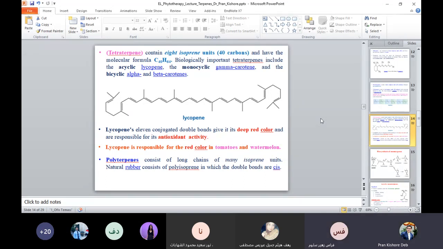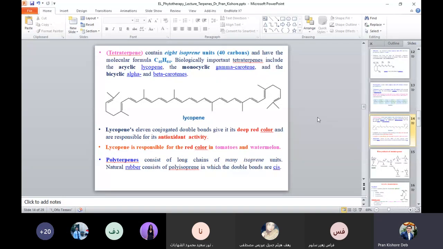Yes, doctor. Because the lycopene does not come from outside the tomato, it is already inside. That means the precursor for the formation of lycopene, the isoprene units, are present inside. It takes time to join and conjugate and convert into lycopene. So when you store it for a longer period, the conjugation takes place and some of it gets converted into lycopene, but the conversion happens better when it is attached to the plant itself rather than being outside.